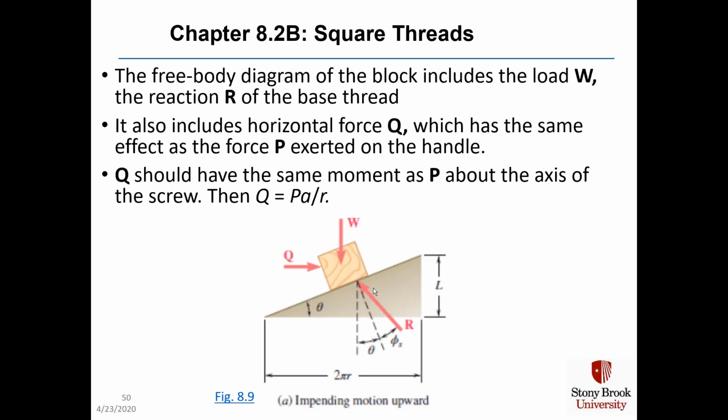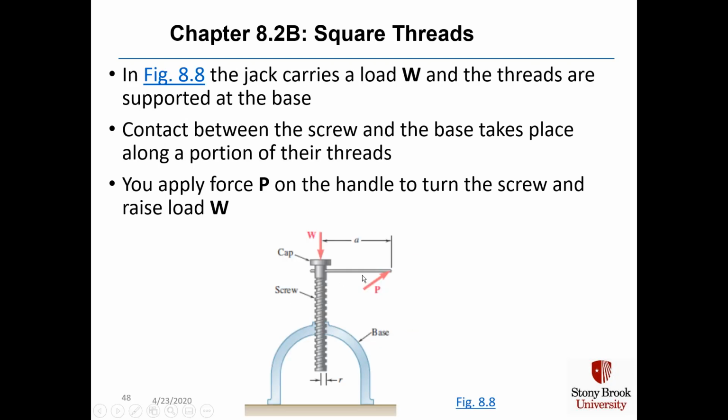And Q should have the same moment as P about the axis of the screw, which means Q equals P times small a divided by r, where a is this distance from the edge of the handle to the location of where the force is applied. And essentially a represents the length of the handle.